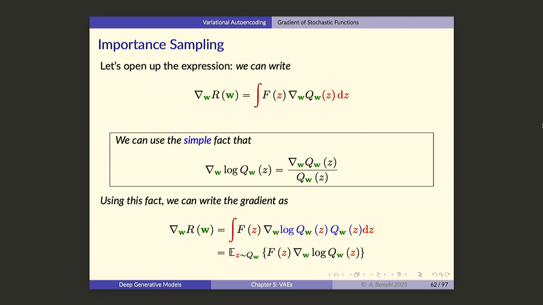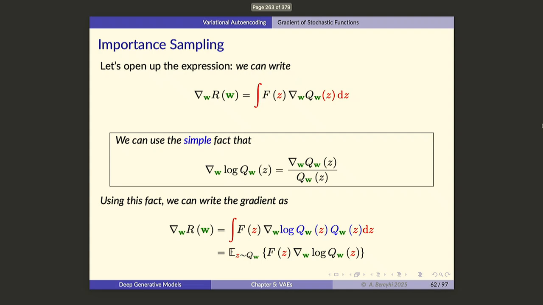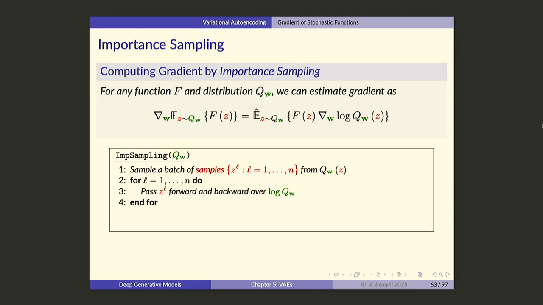If you want to think about it algorithmically, you can simply say that instead of computing the expectation, I'm going to replace it by an approximation of the expectation, which means I'm going to estimate it from samples, right? I have this argument, which I can compute for every single sample. I just collect a bunch of samples from q, and then I average this argument over those samples. So you get a bunch of samples z from the particular distribution q.